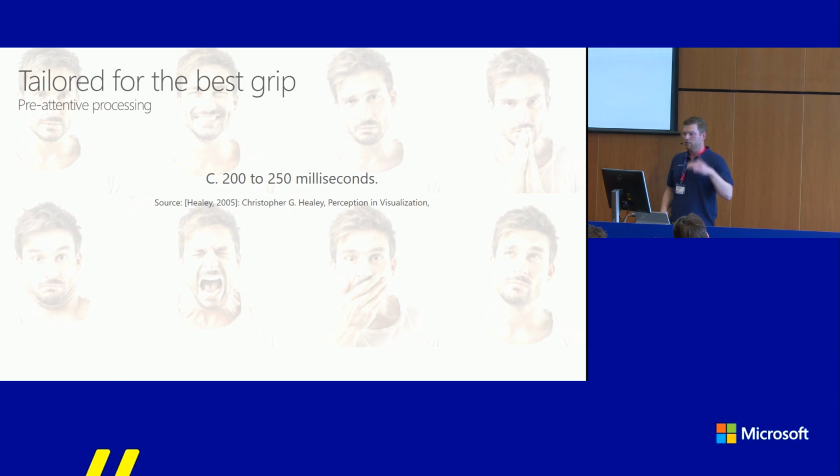Actually, it's C. It's 200 milliseconds, and that's because of pre-attentive processing. Your mind sees an image, and before you can consciously process it, it already has processed it. If you close your eyes after 250 milliseconds, and then think about the image, you can say there's 5.